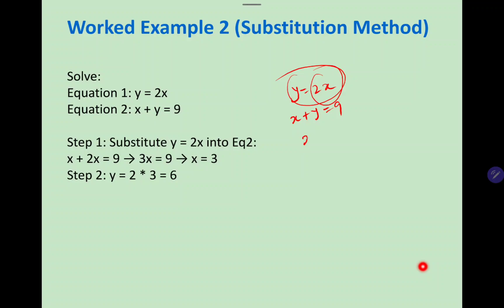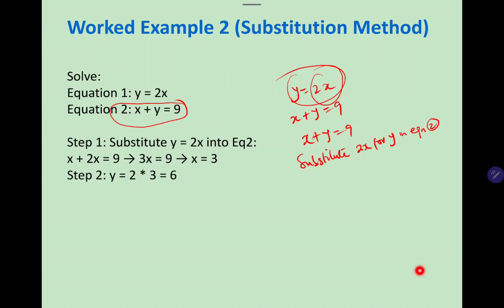We now replace the value for y as 2x. Remember we are picking equation 2 now, x plus y is equals to 9. So we substitute 2x for y in equation 2.